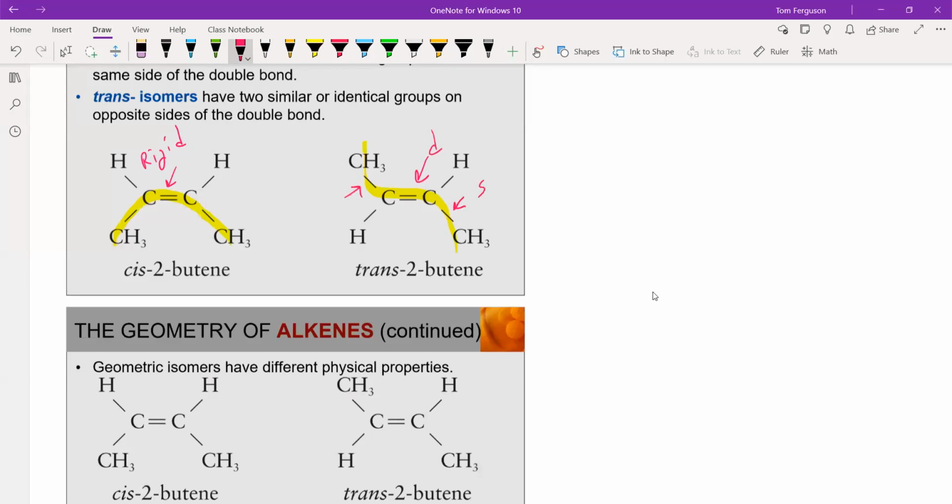So double, single, single, double, single, single. So those can freely rotate, not a problem at all. But not the double bond. So you can get 2 versions of butene.